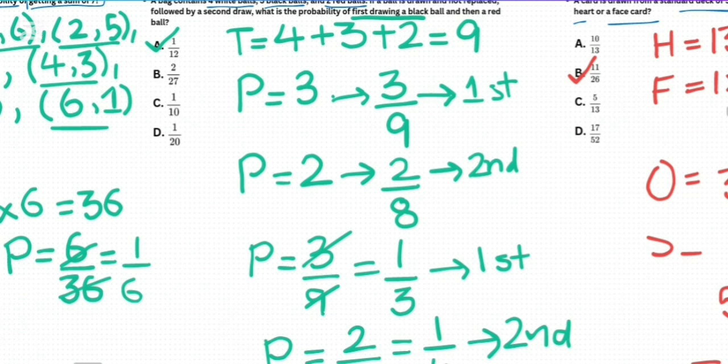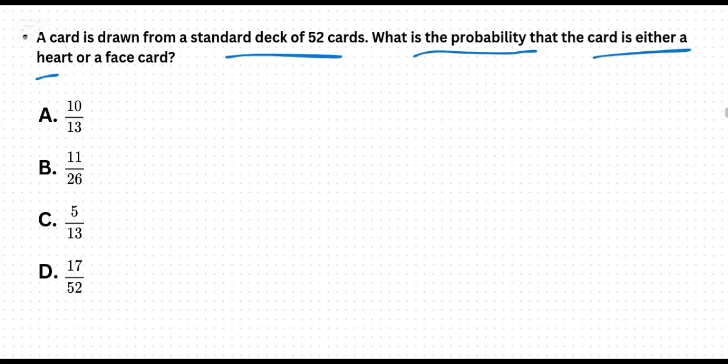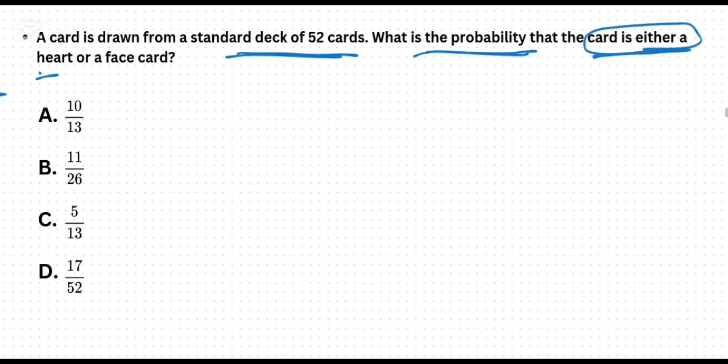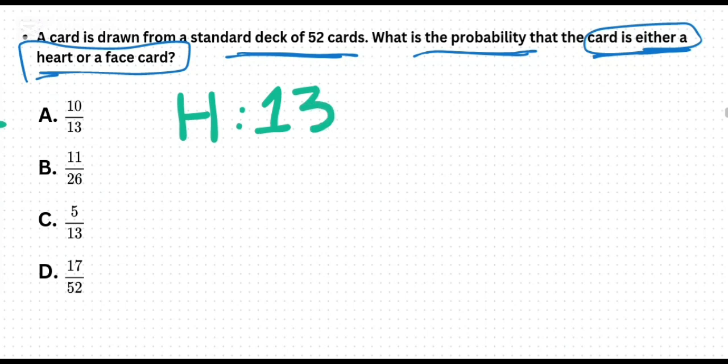Now let's move on. The next question is, a card is drawn from a standard deck of 52 cards. What is the probability that the card is either a heart or a face card, right? Now let's solve this. So how many hearts? In hearts there are a total of 13 cards, right?